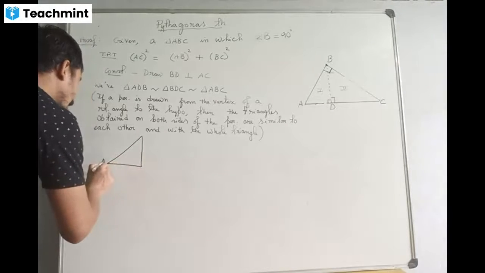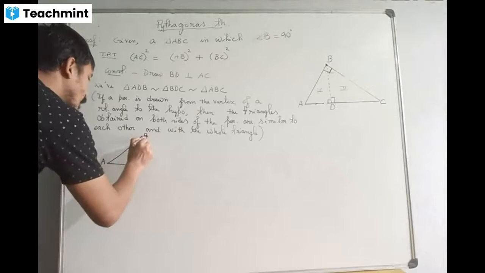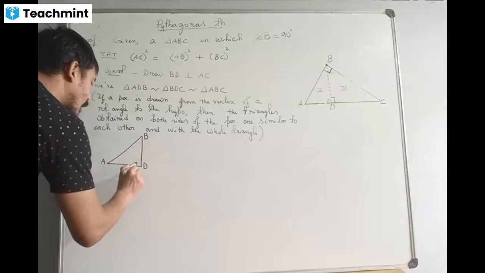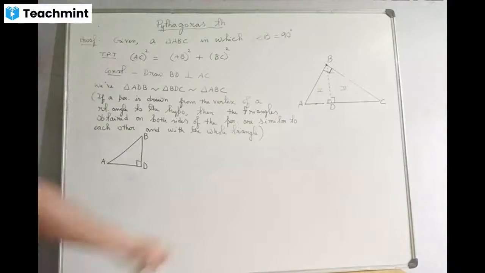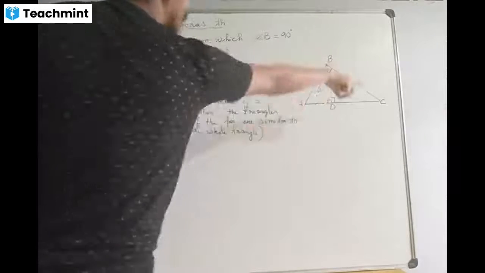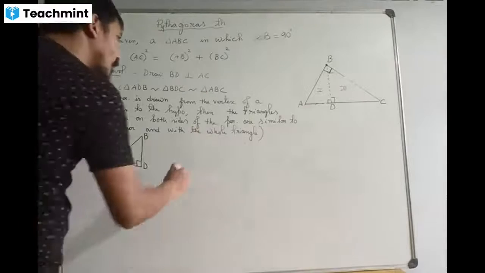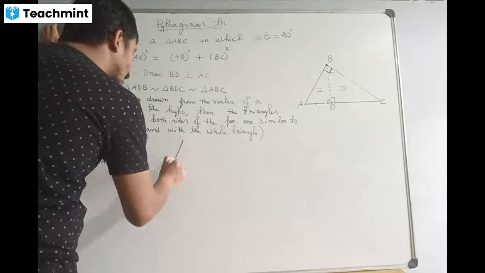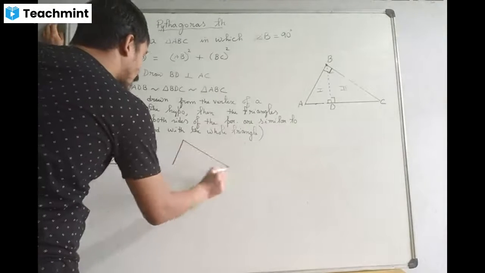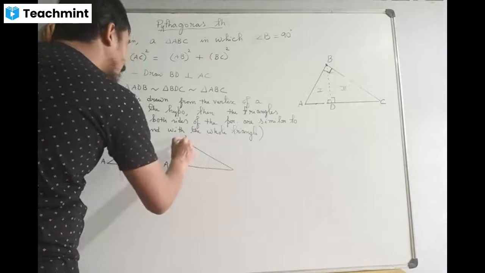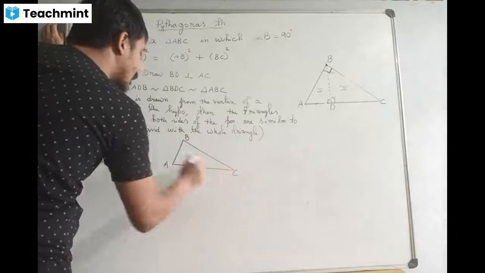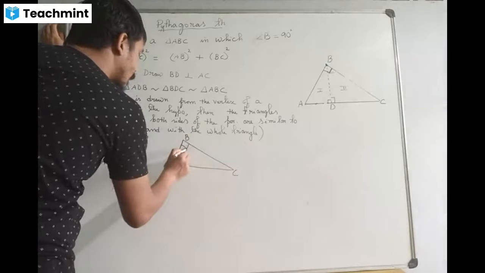This is A, here is your B, this is your D. At D we have 90 degrees. And you take the other one, the larger one, ABC. So this one is your larger right triangle ABC, in which this angle B was 90 degrees.